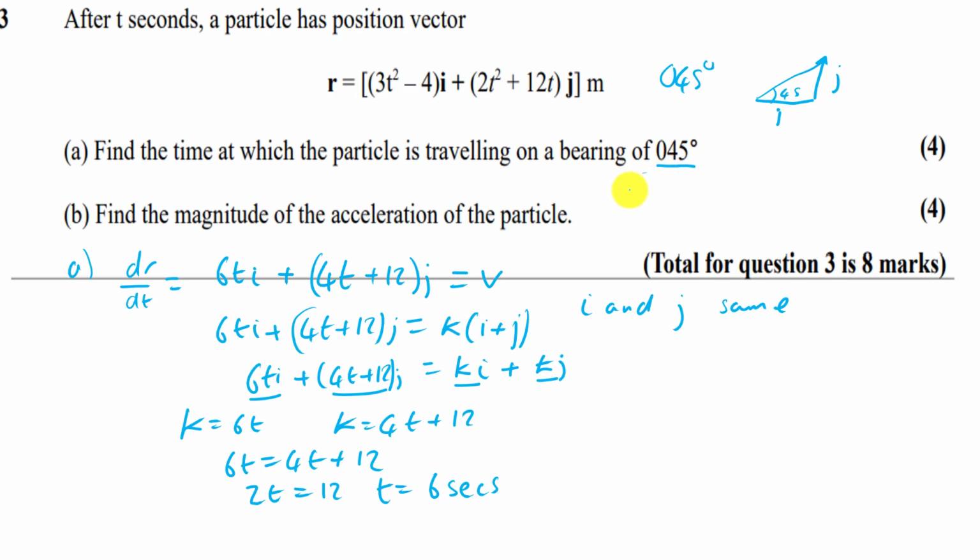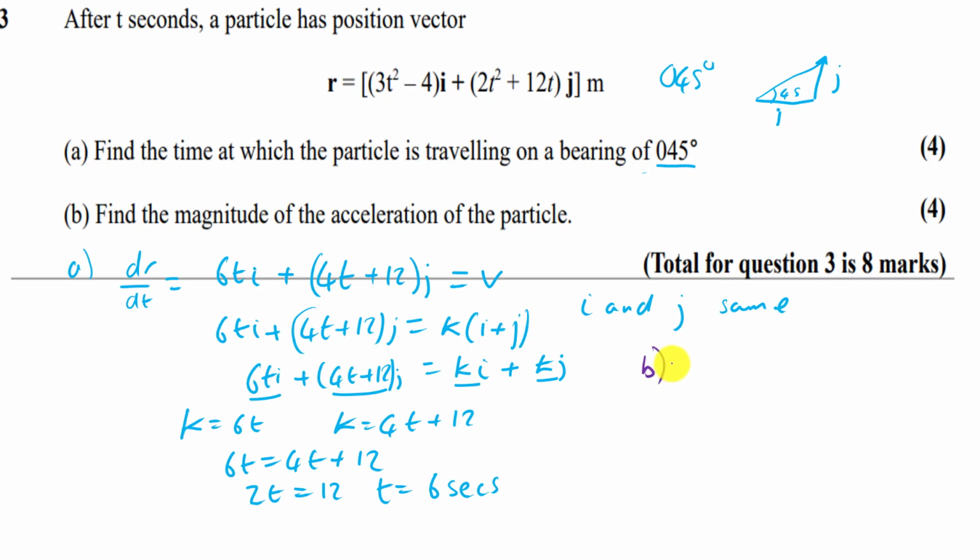So B, it says find the magnitude of the acceleration of the particle. So this is when, Ollie, we've got to find the hypotenuse, but step 1 for B is to differentiate the velocity.